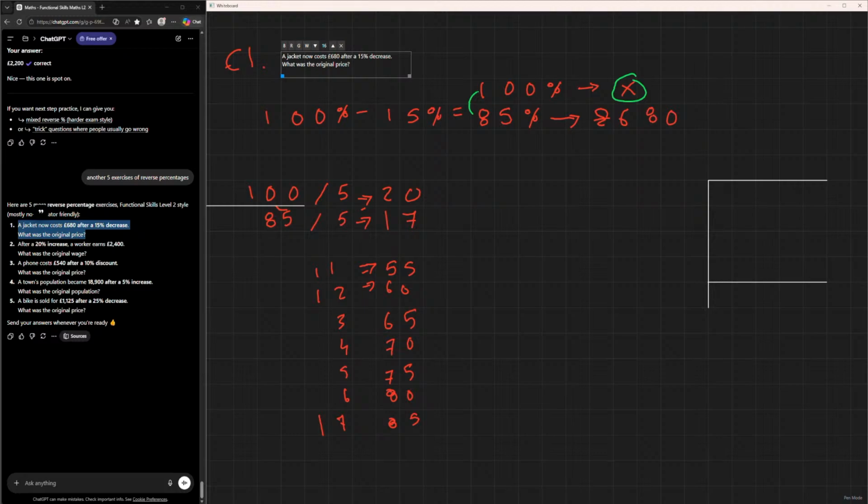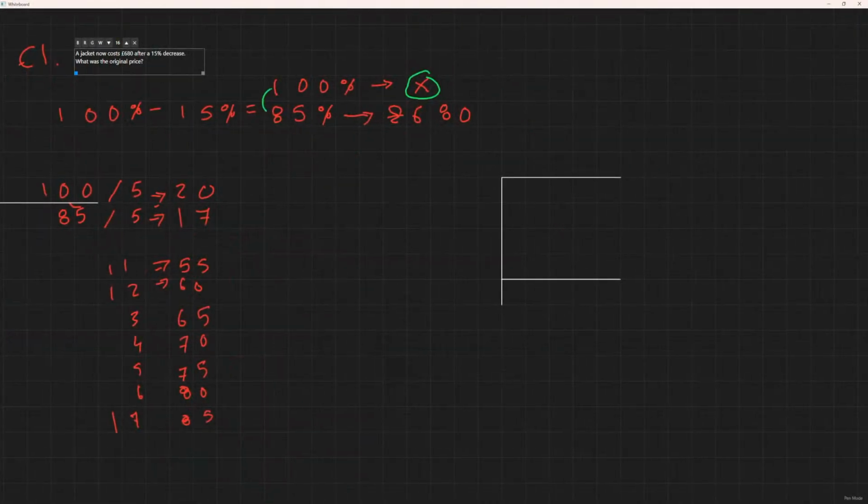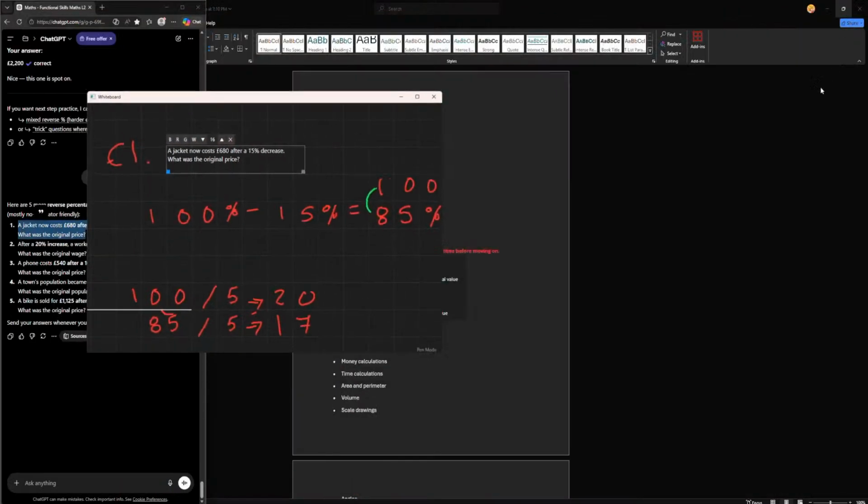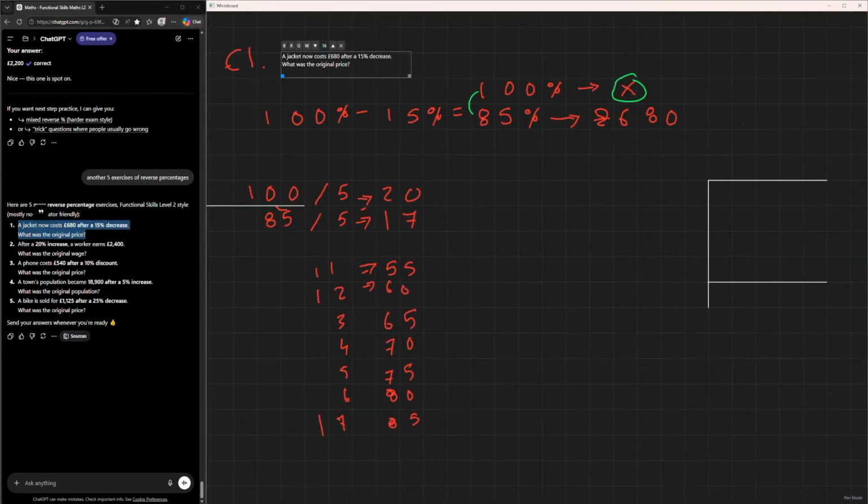So we have 20, or does it have to be in full screen to work now? So we have 20 over 17.